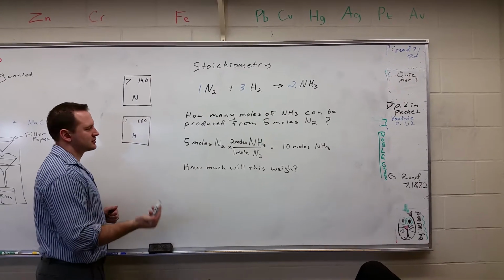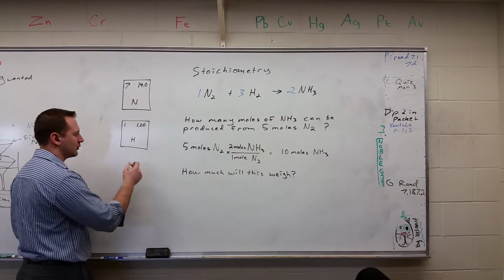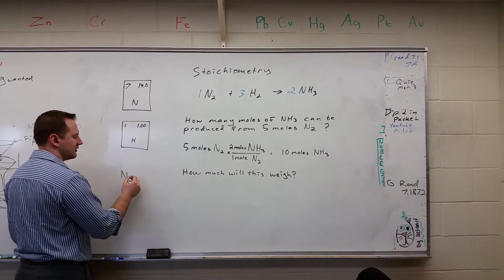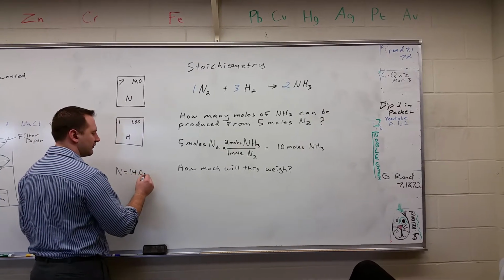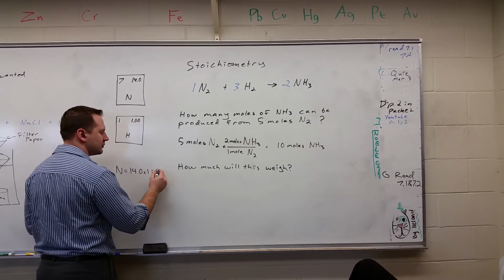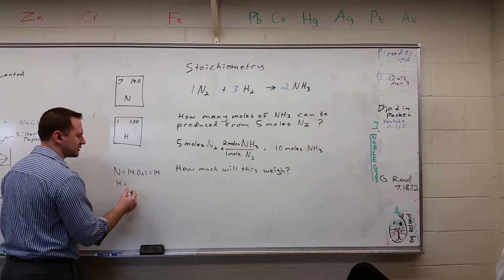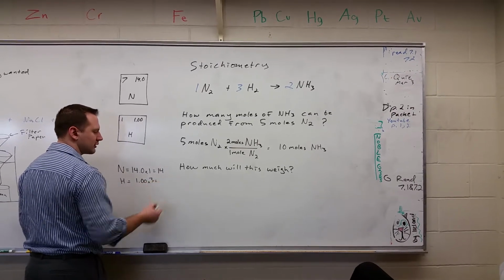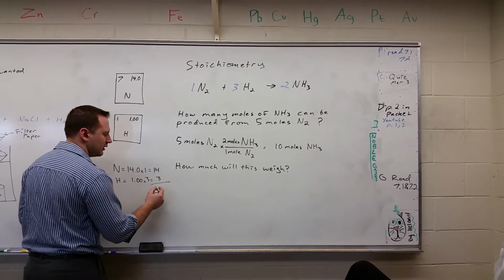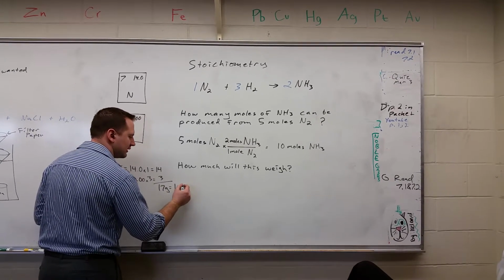So if I ask how much this would weigh, first you have to figure out what 1 mole of NH3, or ammonia, weighs. Since nitrogen has a mass of 14, and you have 1 of those, nitrogen contributes 14 grams per 1 mole of ammonia. Hydrogen, each hydrogen would contribute 1.00. You have 3 of those in the compound, so that would be 3 grams. So the total mass of 1 mole of ammonia would be 17 grams.